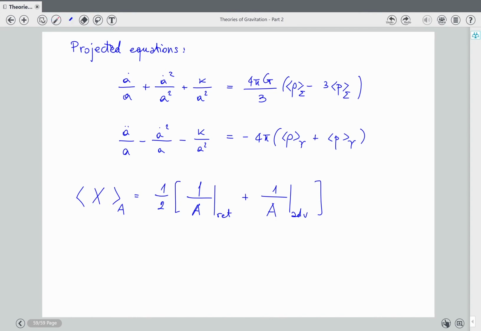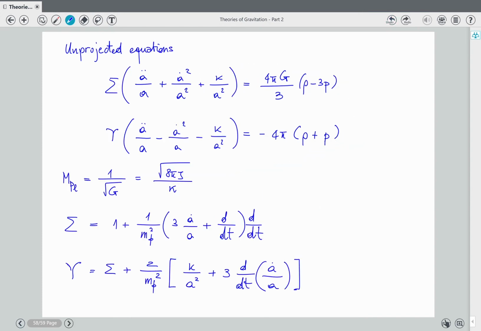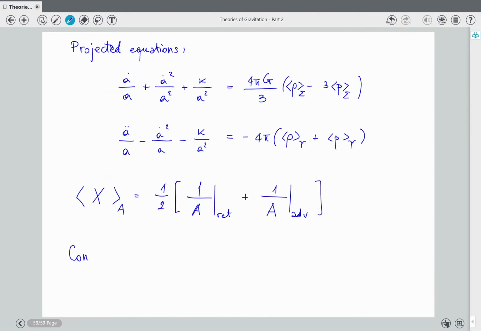Oh, by the way, you can also derive from these equations, or the other ones, a continuity equation, which is much simpler than those. And that is d rho over dt plus 3 (rho plus p) A dot over A equals 0.